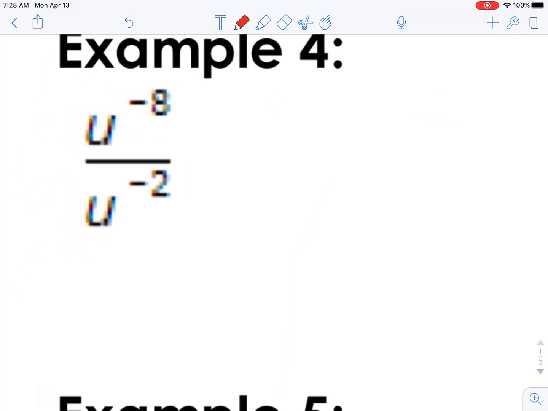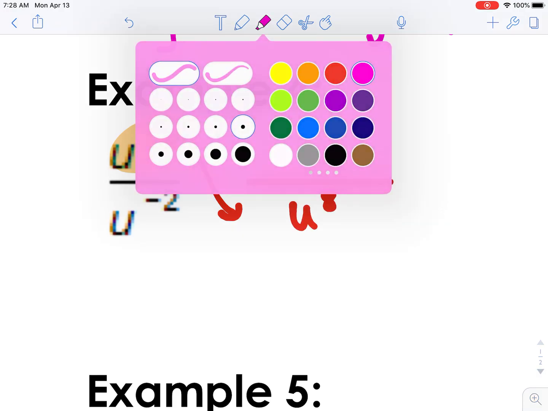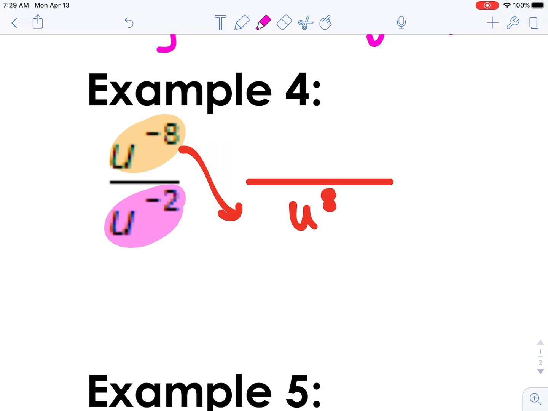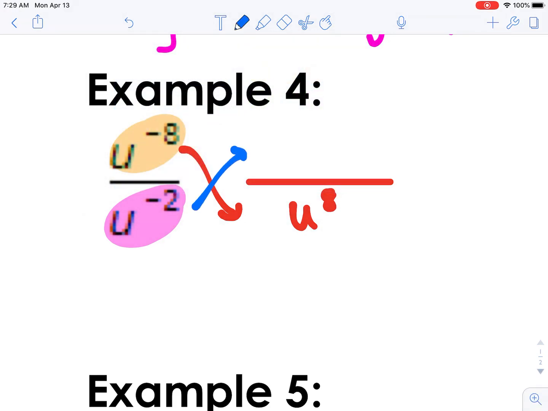Let's try this next one. Do you see how this u to the negative 8 is negative? It has a negative exponent. It's going to move down, and when it moves, it becomes positive. U to the negative 2 is also negative, and when it moves, it's going to move up. Because it's on the bottom, it moves to the top, and it will become positive.